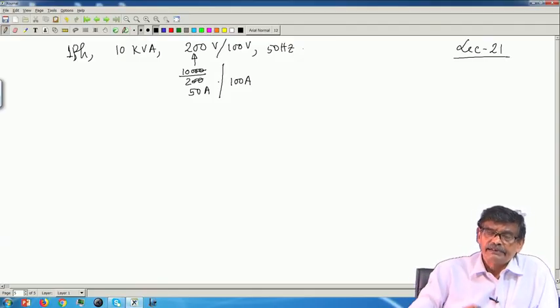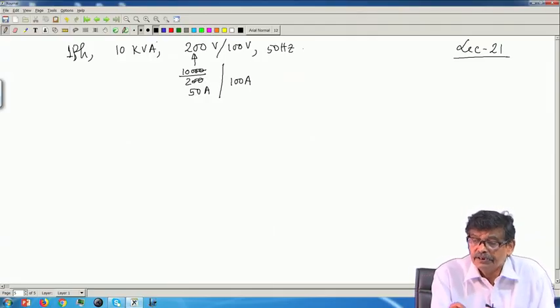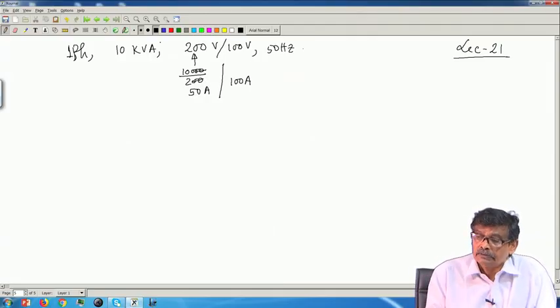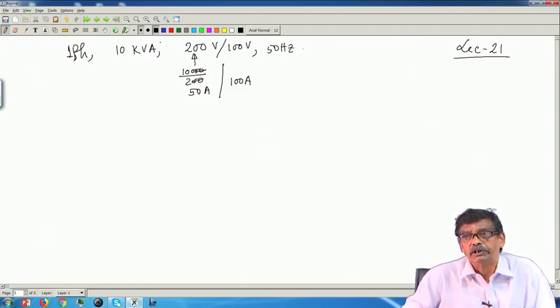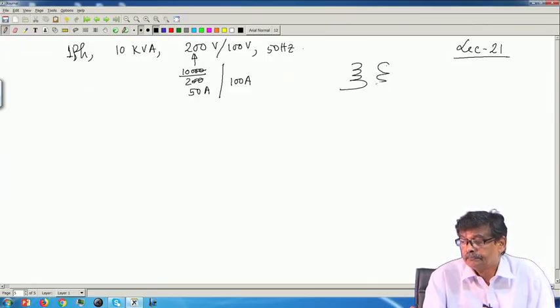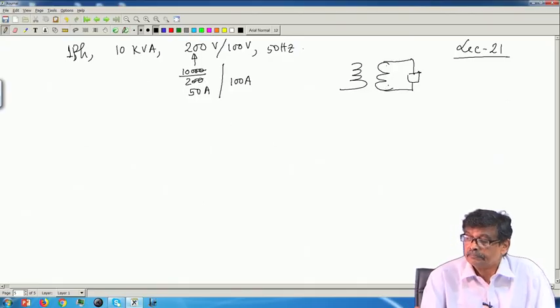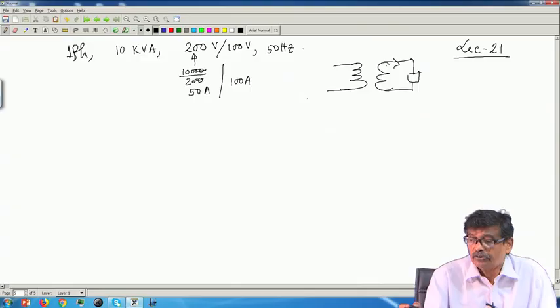And I have purchased this transformer and I know I will use it at full load condition all the time, 24 hours a day, continuously at full load condition.